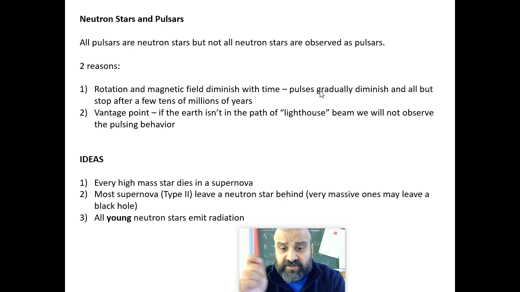But massive stars will leave behind a neutron star. All young neutron stars are spinning and giving off radiation. After tens of millions of years, the magnetic field decreases, the spin slows down, and they may stop emitting the pulsing that we see.